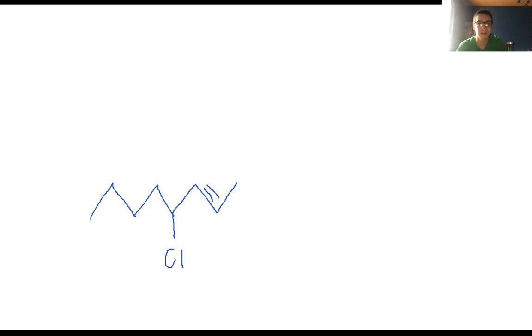But what does someone else have to say? Any other comments on this? I'll tell you, it is technically correct. The triple bond needs to be straight.